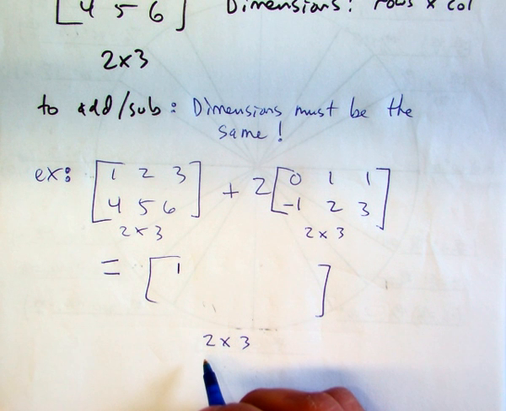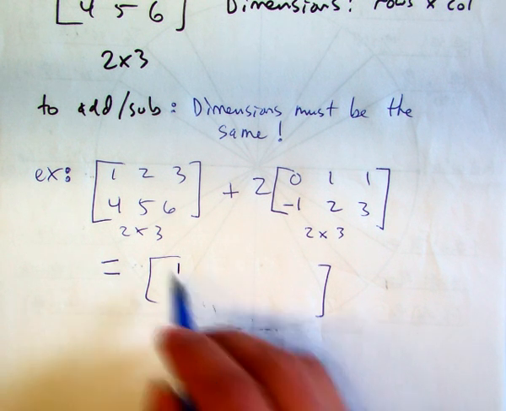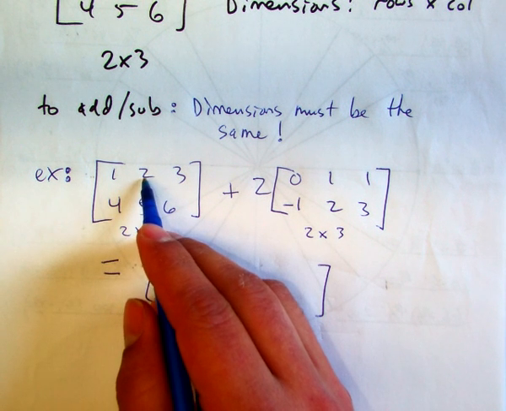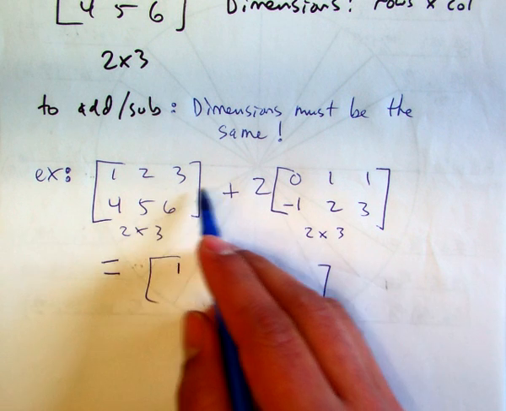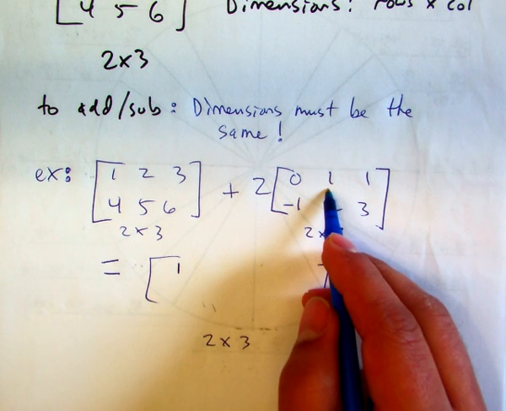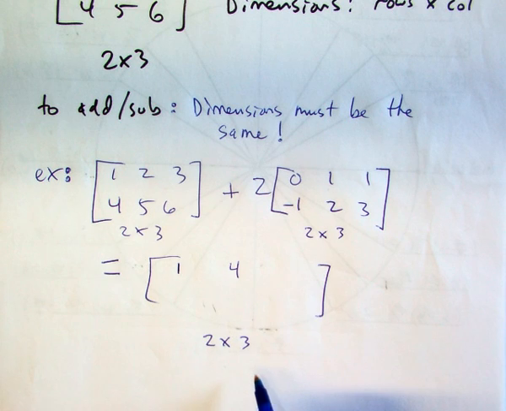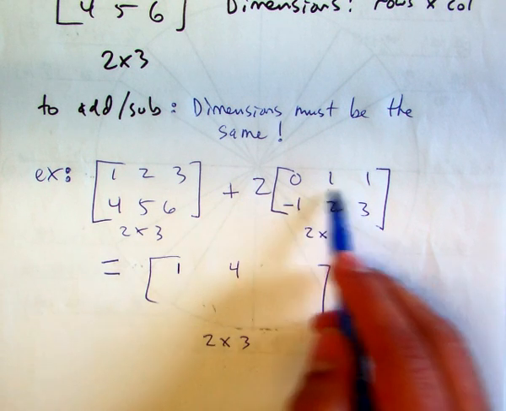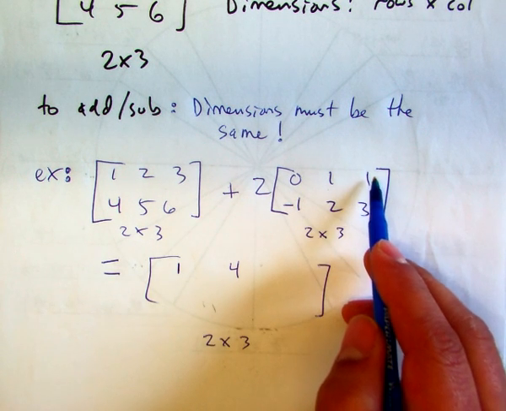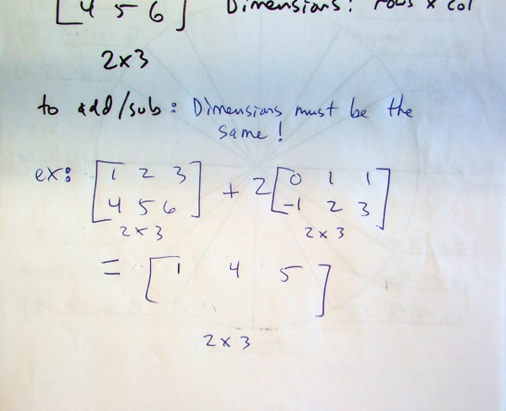Does that make sense? Next, if I'm matching up first row, second column, I do 2 plus, what would this become? So 2 plus 2 is 4. Next, I do 3 plus double this number. 3 plus 2 is 5. Am I going too fast, or are we all right?